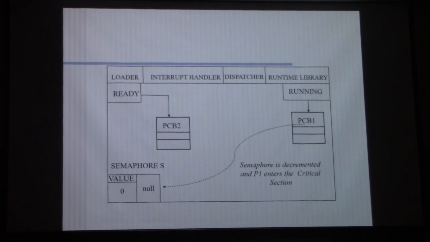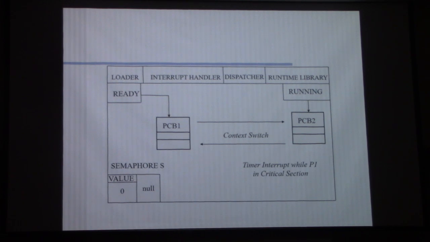While running in the critical section, there is a timer interrupt. So P1 goes back to ready and P2 goes into the running state. P2 is running means that we copy the context of the PCB into the CPU, right? That's the context switching we did.